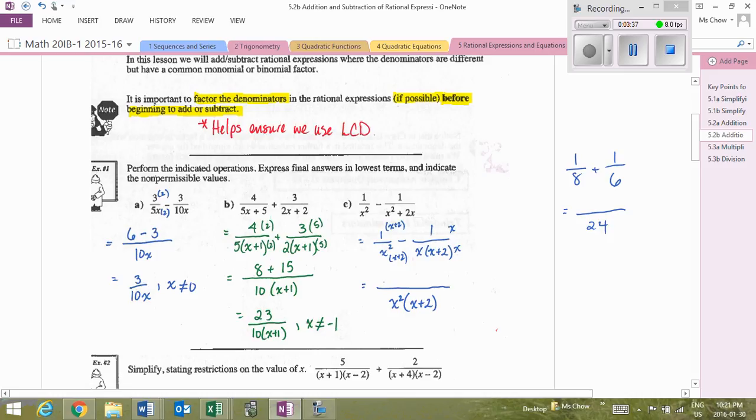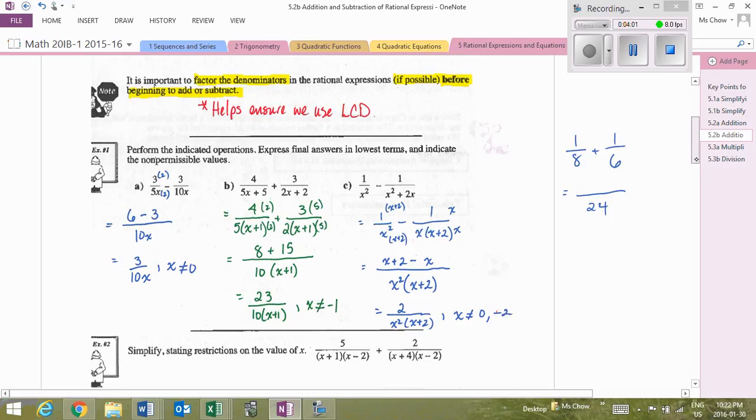So we've got 1 times x plus 2 minus 1 times x over our common denominator, and then x minus x is 0, and then plus 2, so we've got 2 over x squared times x plus 2, and our restrictions being x cannot equal 0 or -2.